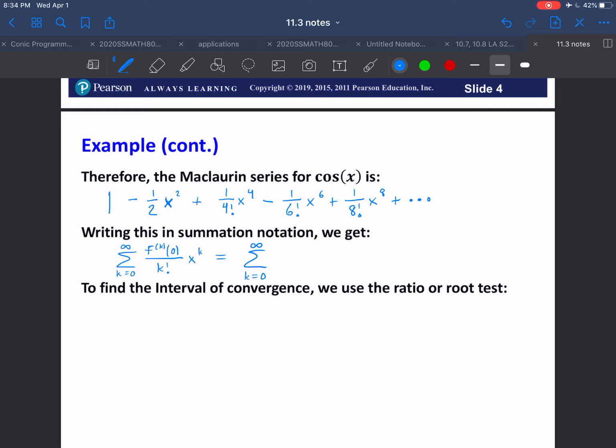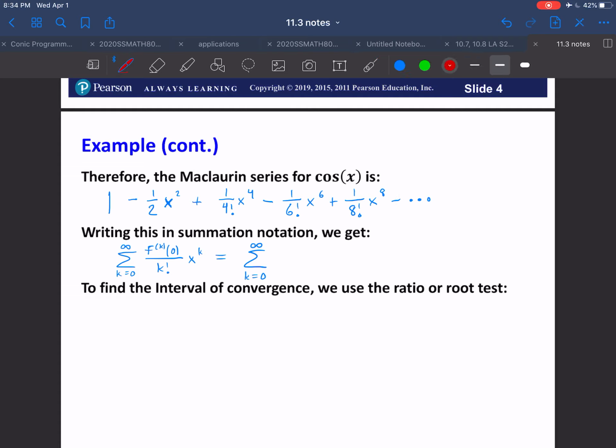This will look a little bit weird, but the idea is that if you want to write this in a sum, notice that we only have even powers of x. We only have x squared, x to the 4th, x to the 6th, x to the 8th. And also notice that the terms alternate. We have a negative, positive, negative, positive. This one should have been negative.